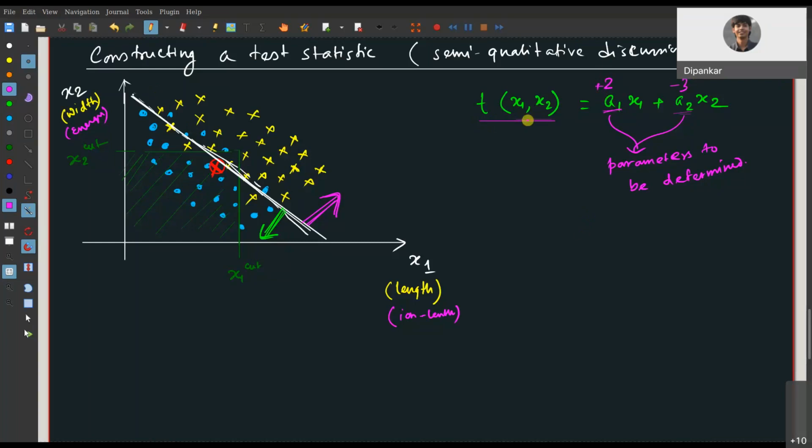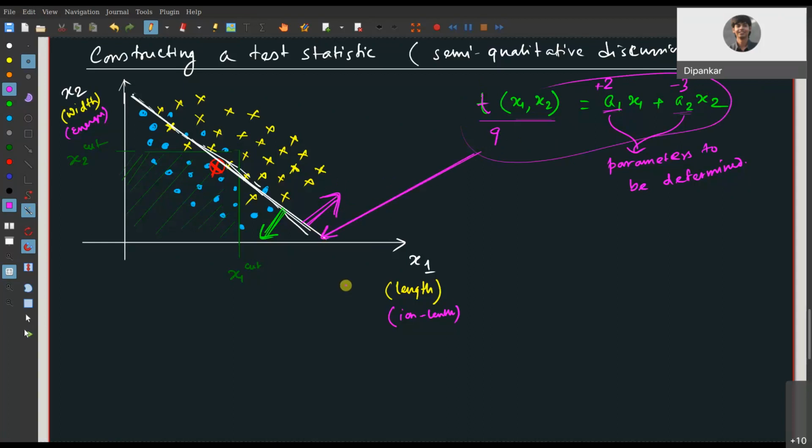And suppose the t value is, let's say, 9. So these values, plus 2 and minus 3 for a1 and a2, with the t value at 9, give me this white straight line.